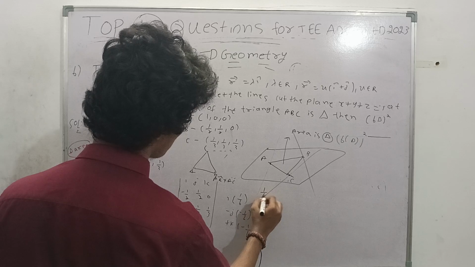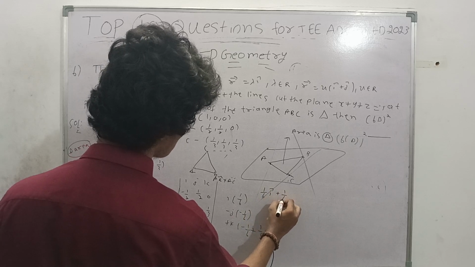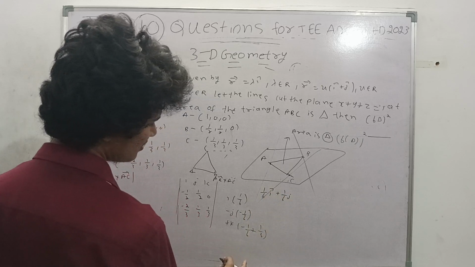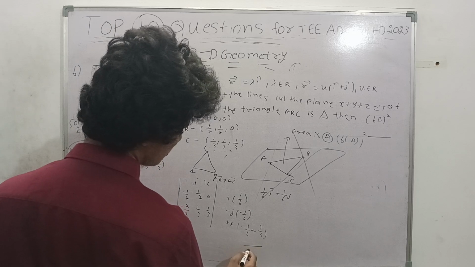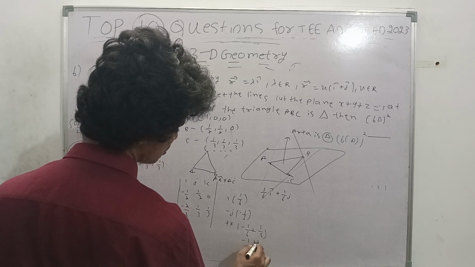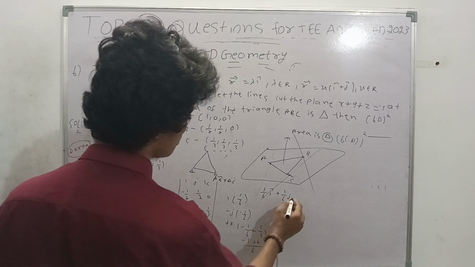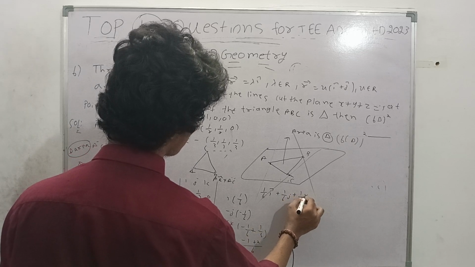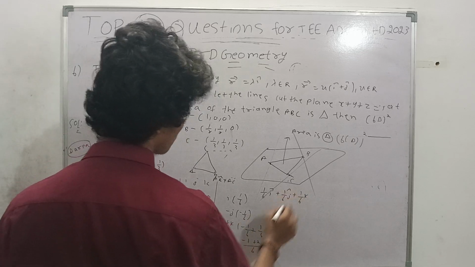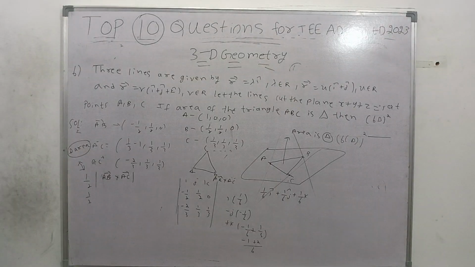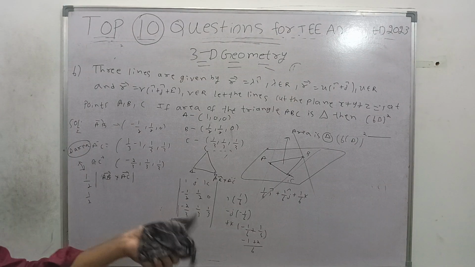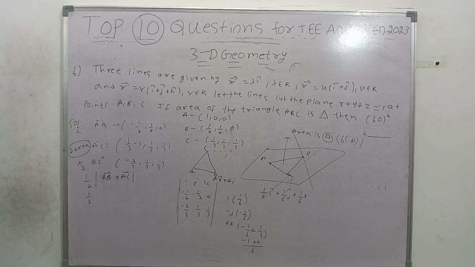So finally it is 1 by 6 i cap plus 1 by 6 j cap, and here it is 6 LCM, minus 1 plus 2, here it is 1 by 6 only, 1 by 6 k cap. You can easily get 1 by 6 i cap plus 1 by 6 j cap plus 1 by 6 k cap.